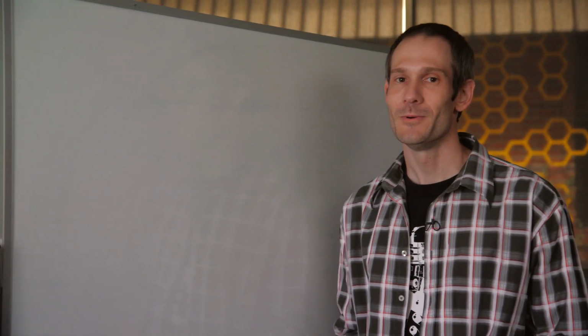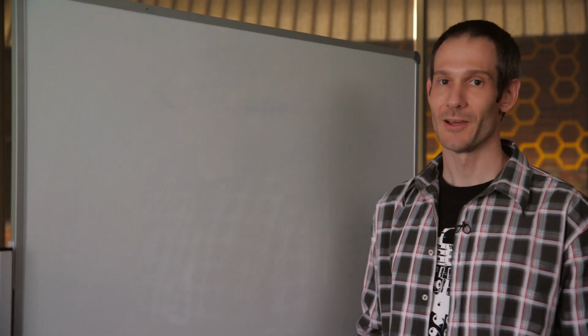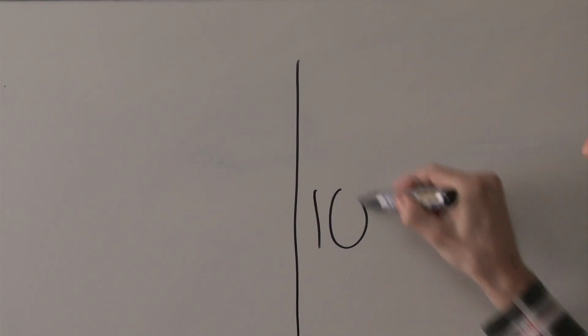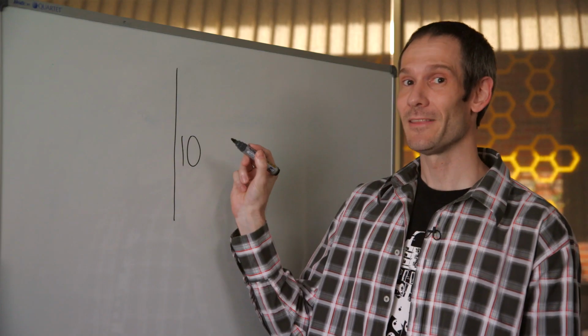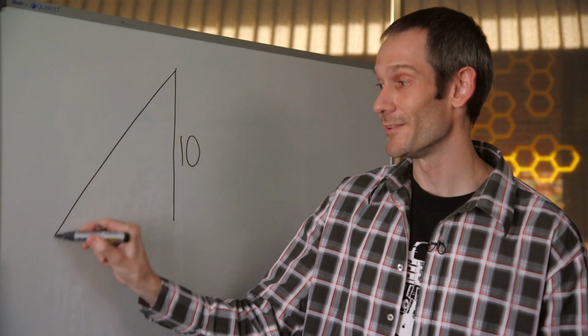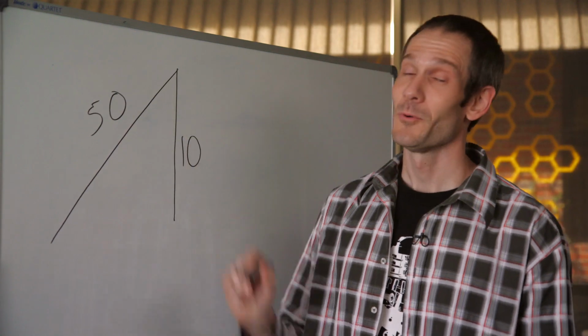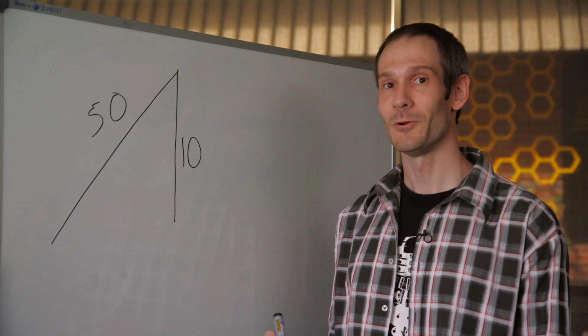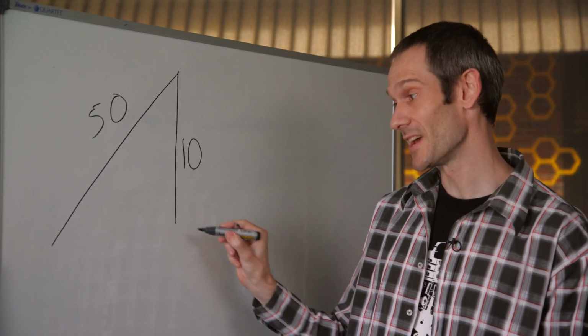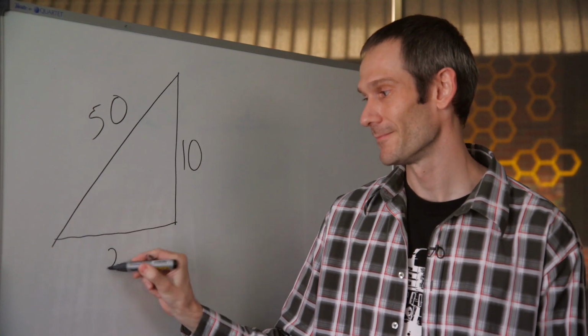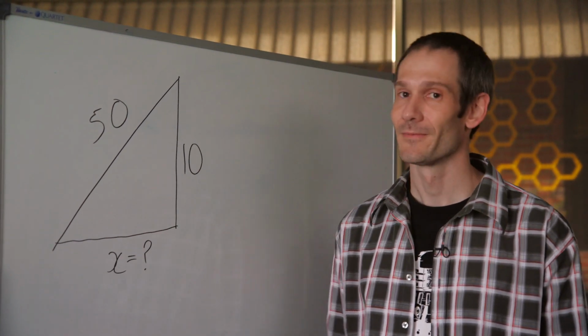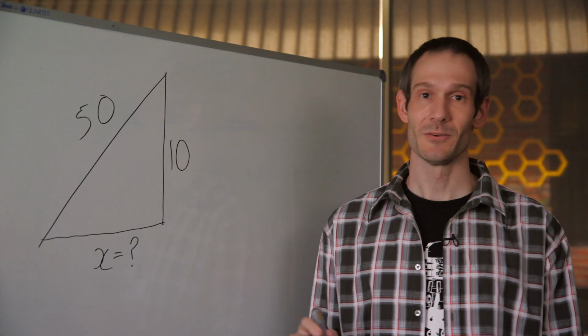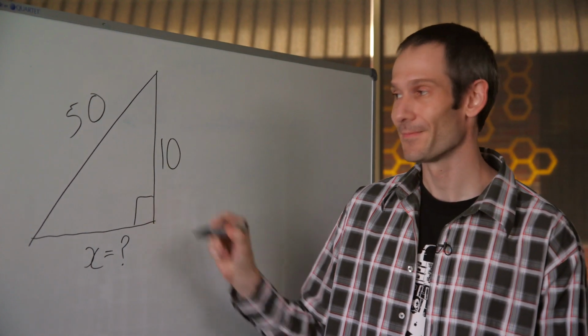In this example, let's say we have a flying fox which is located 10 metres above the ground. The total length of the flying fox to the ground is 50 metres. What we'd like to know is the total horizontal distance traversed by taking that flying fox. So again, in this situation, we have a right angle triangle.